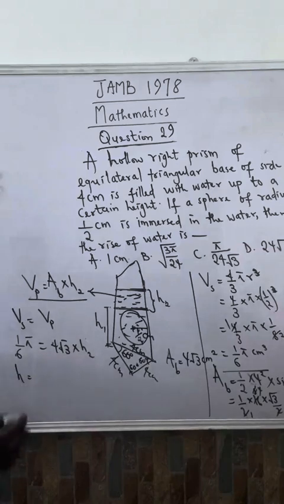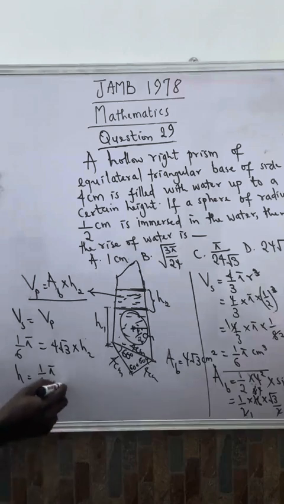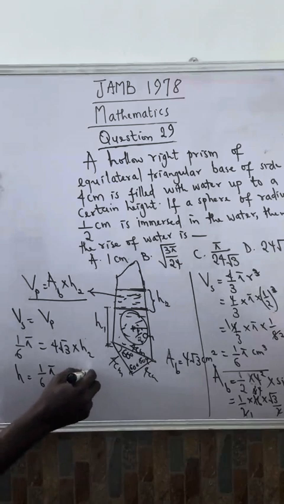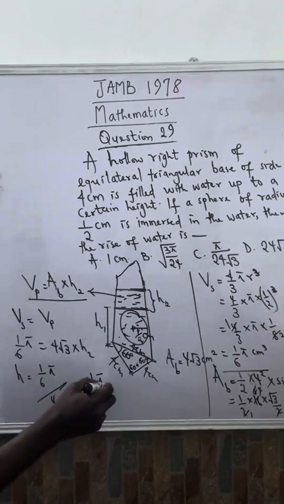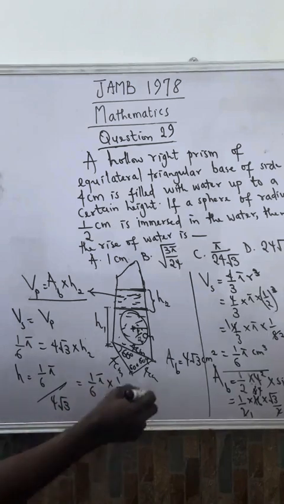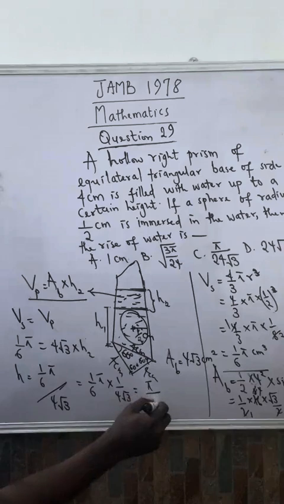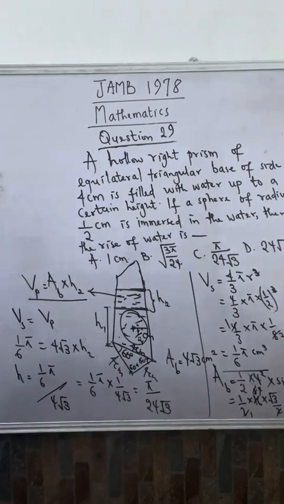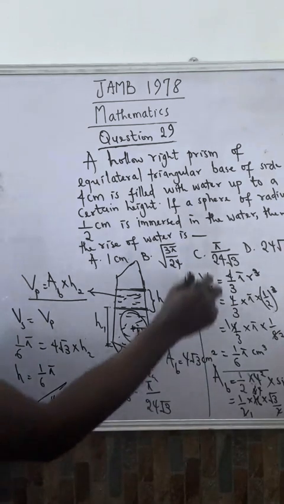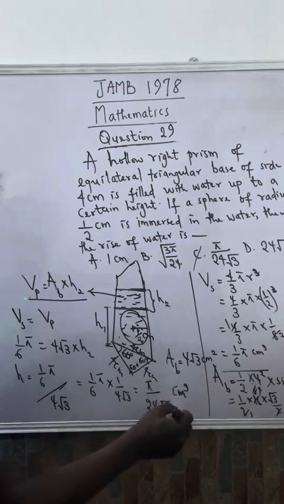So the height equals 1/6 pi divided by 4√3, which gives 1/6 pi times 1/(4√3). At the end of the day, I have pi over 6 times 4, which is 24√3. If you check the options, you will see that option C is the correct answer. And this is in centimeters.